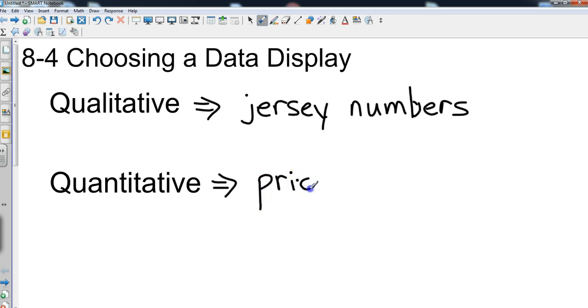Let's say something that's real common right now, the price of gas. So we could make a table and look at the different prices of gas throughout Bixby and the Tulsa area. Jersey numbers, we wouldn't be able to make such a table.